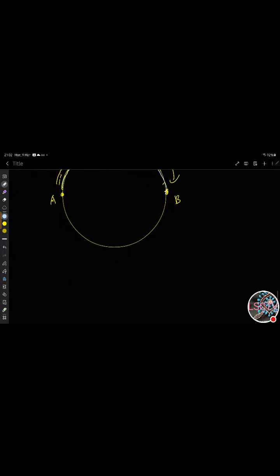What is the perimeter or circumference of a semicircle? What is the perimeter of a semicircle?